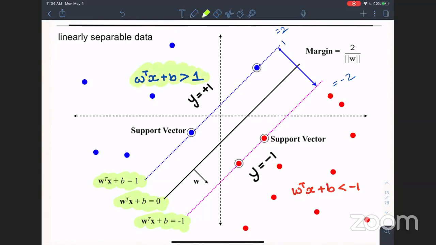So for any point, if it helps, let me put a plus here, because you don't know this plus and minus beforehand. Any point there would have W transpose X plus B greater than 1, because it is beyond the margin. On the other side it would be less than -1.